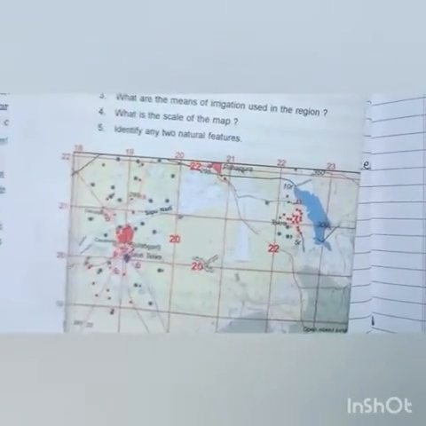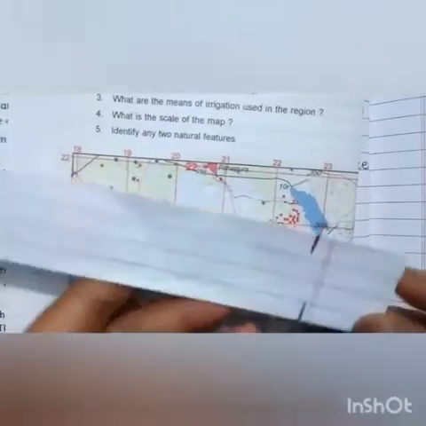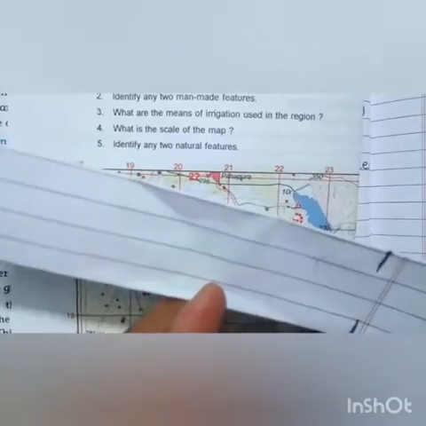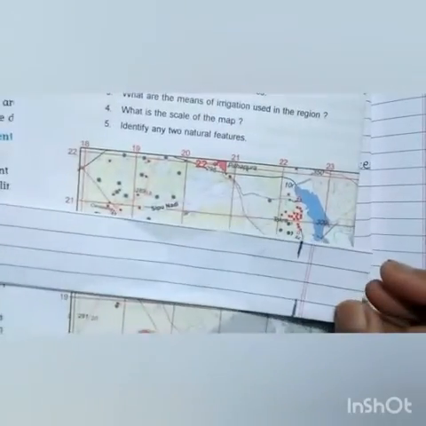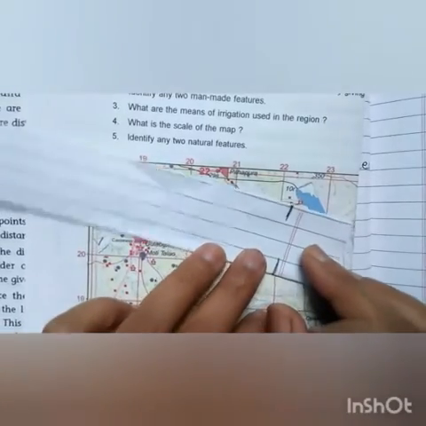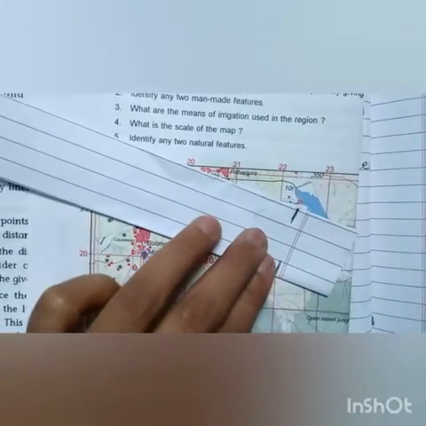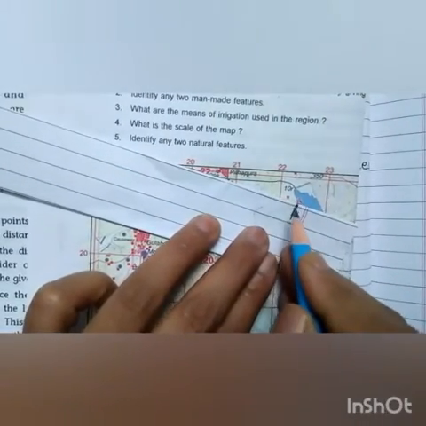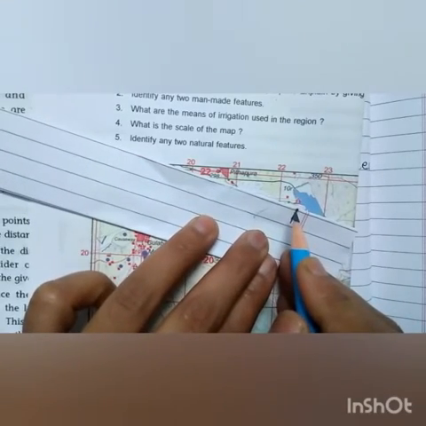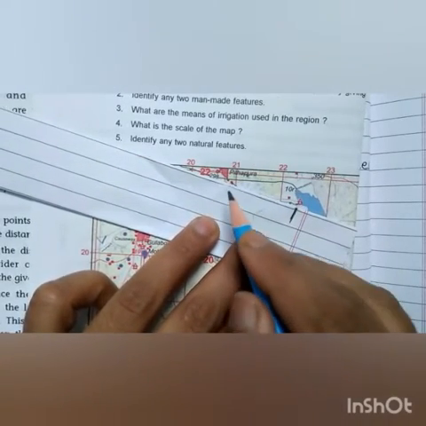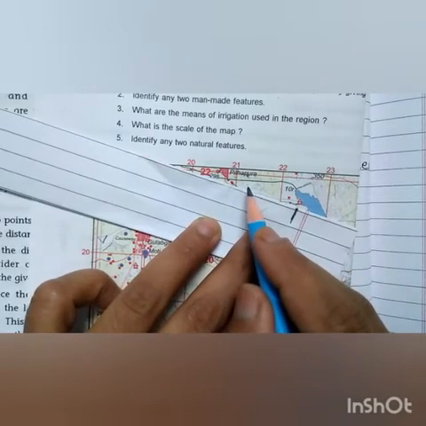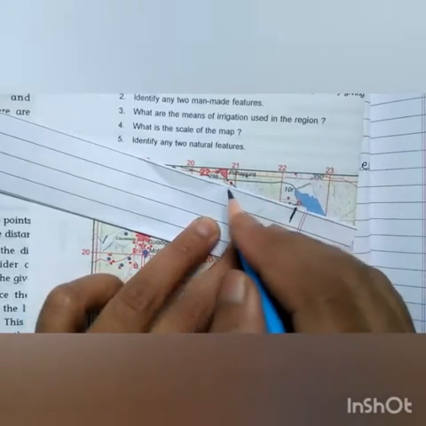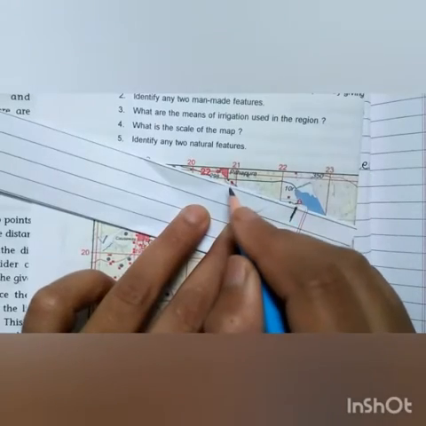In this, we measure the distance with the help of a piece of paper between given points on the map. Like this, you can see here there is a temple and this permanent hut. We have to measure the distance between these two places.